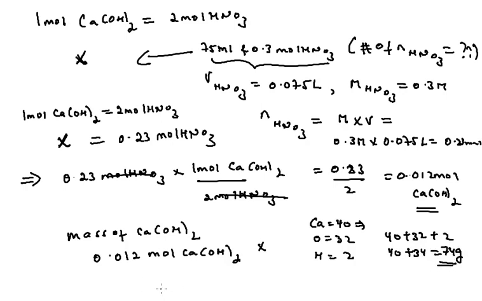So we're going to multiply 0.012 moles of calcium hydroxide by 74 grams over 1 mole of calcium hydroxide.